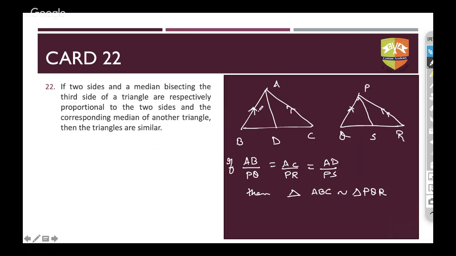How to prove this? I'm just making a symbol to identify that these three sides are proportional.